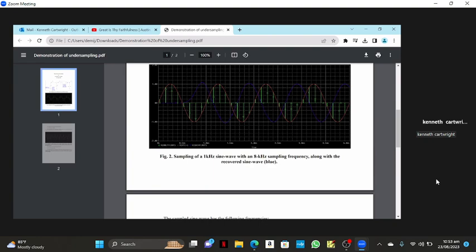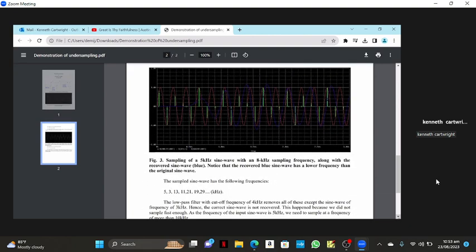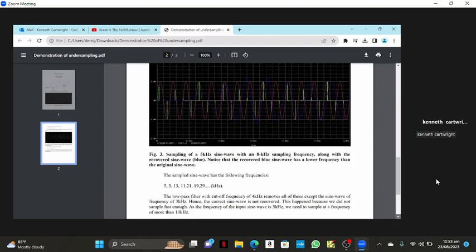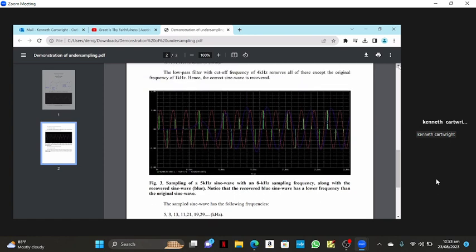Oh, no, I'm sorry, I'm looking at the wrong one. Red is my original 5,000. The green is the sampled version of the red.